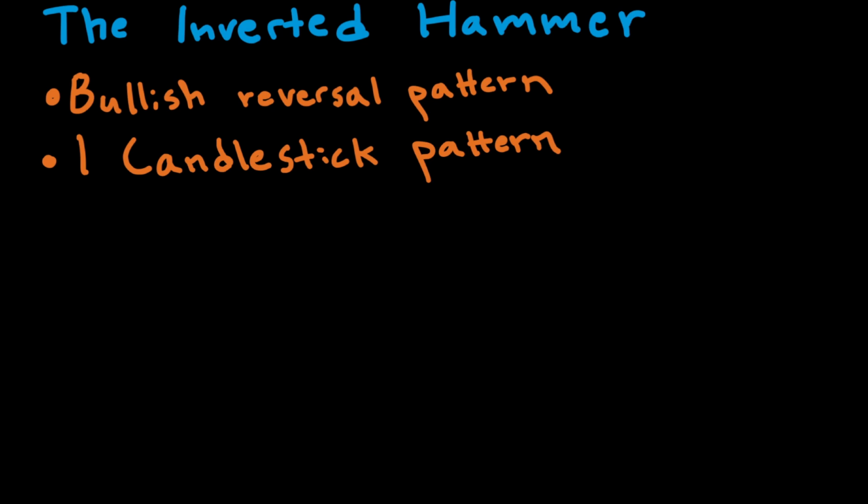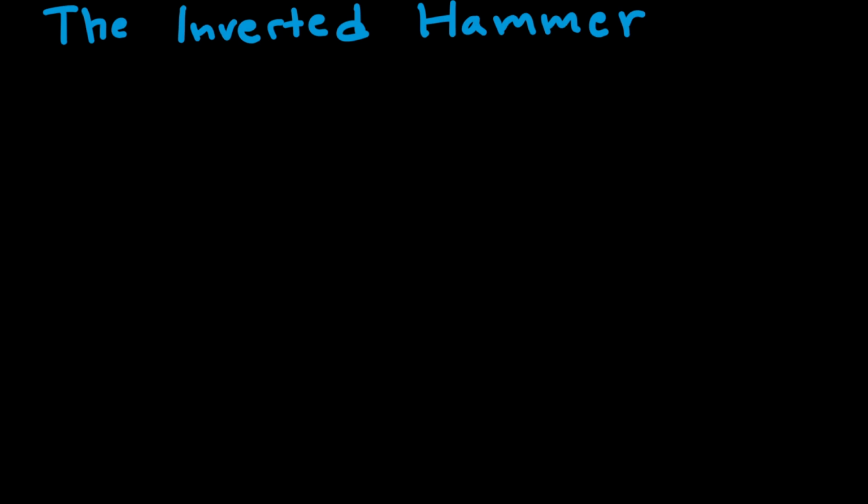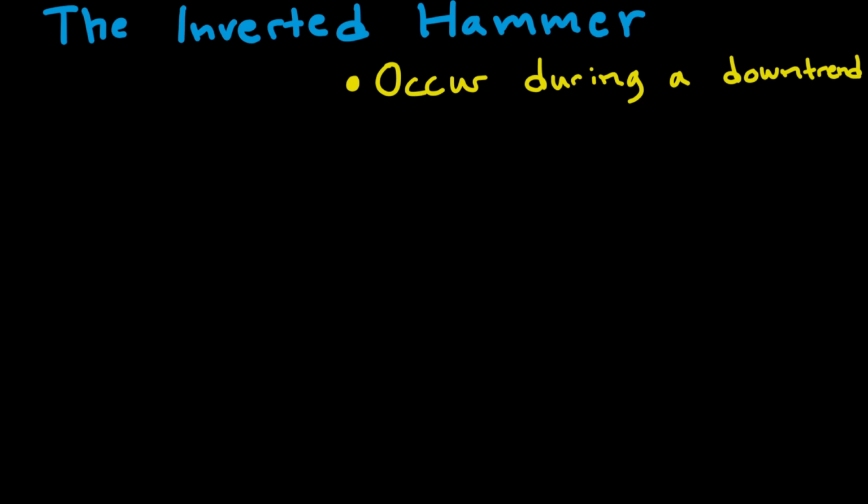All right, so now let's take a look at how the inverted hammer looks. So the first thing about the inverted hammer is that it occurs during a downtrend. In order for it to be a bullish reversal, it has to occur during a price decline. So prior to the pattern, we might have had some bearish candles that look maybe something like this.